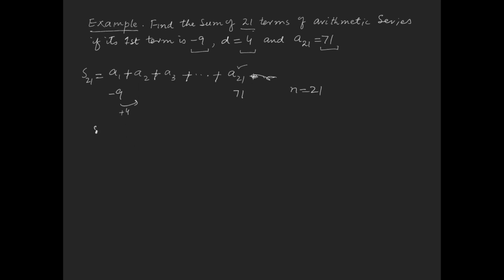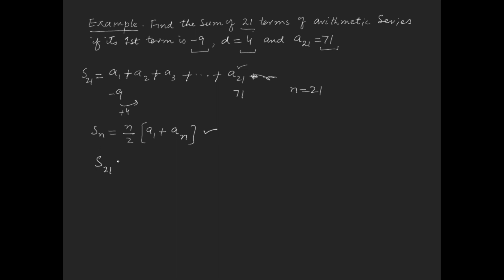Now Sn, we know, is equal to n divided by 2 times the first term plus the last term, because we are using this formula since we know the last term of the series.